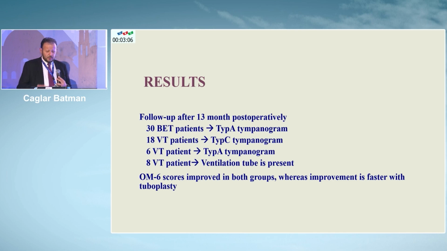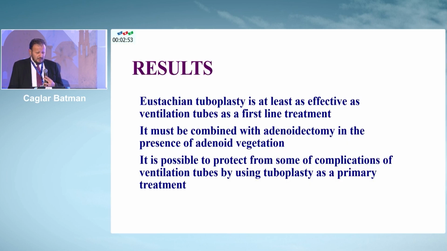So in our criteria, which we search for the quality of life, improved in both groups. So they are the same, whereas improvement is faster with tuboplasty. So as a result, Eustachian tuboplasty is at least as effective as ventilation tubes as a first-line treatment.